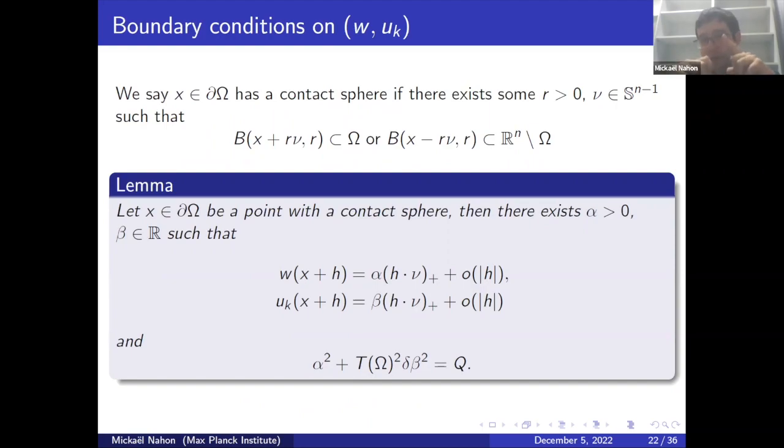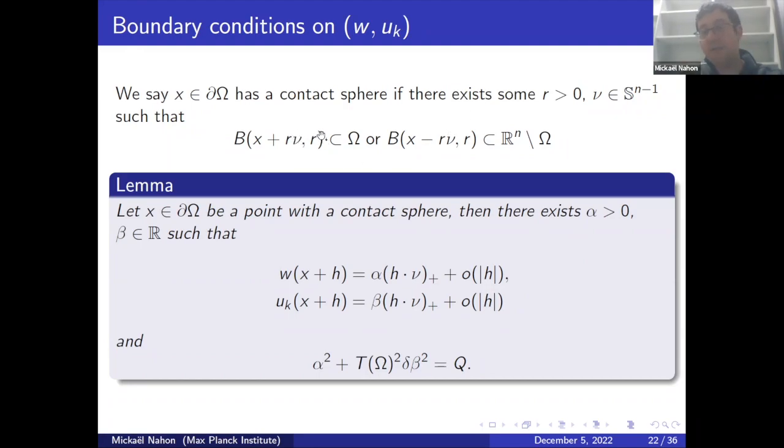By contact point, I mean that you look at points of the boundary that are touched by a ball, either from the interior of the domain or the exterior of the domain. So you say that X has a contact sphere if you have a ball either fully included in the domain or in the complement, with X on the boundary of that ball.